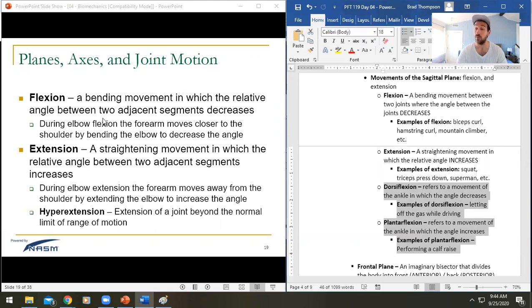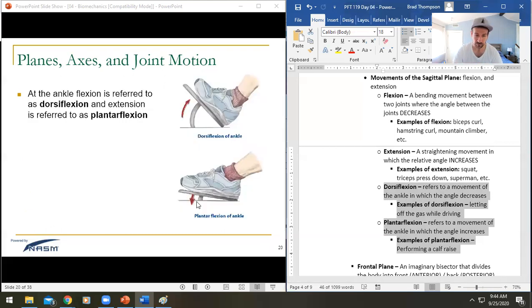Extension is a straightening movement where the angle increases. During elbow flexion, the forearm moves closer to the shoulder by decreasing the angle. During elbow extension, the forearm moves away from the shoulder by increasing the angle. Hyperextension is moving beyond normal range. Okay, now we're caught up. Sorry, I went into the notes instead of the PowerPoints.